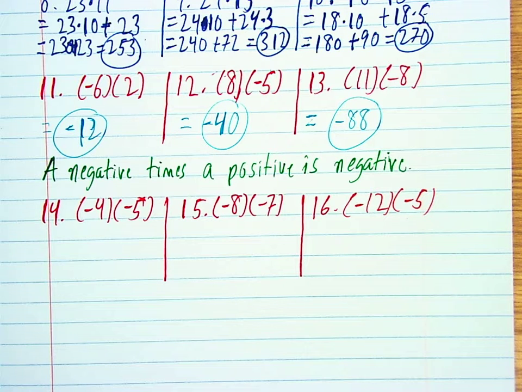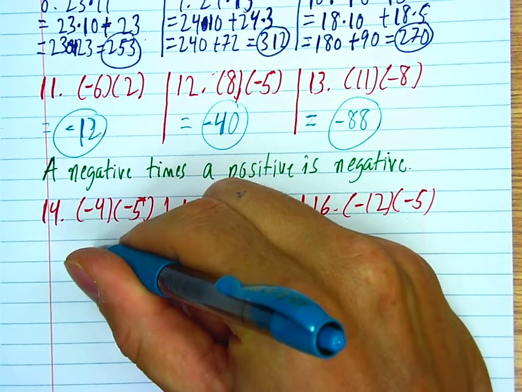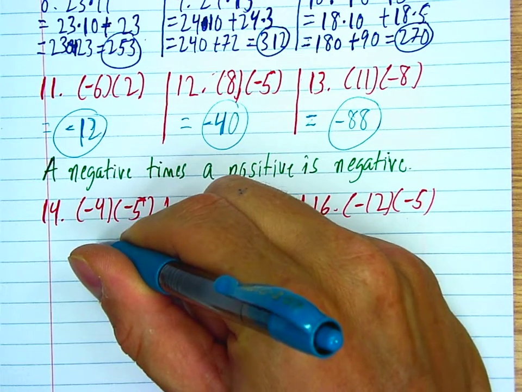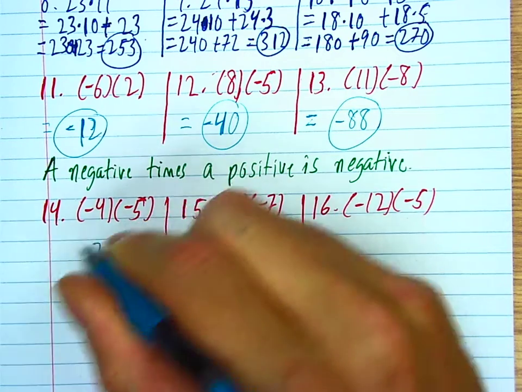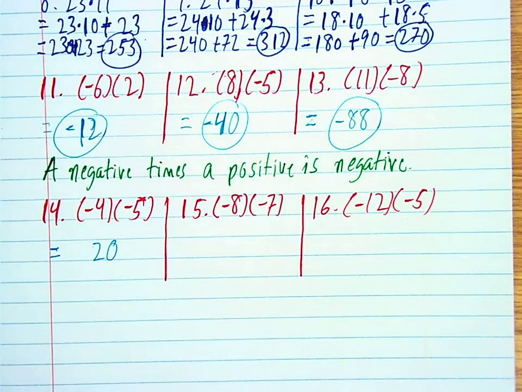So what does it mean when both the items are negative? We still have the product here of 20, because 4 and 5 is 20. However, is our answer negative or is it positive? What do you think?